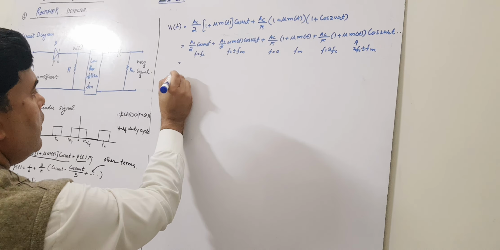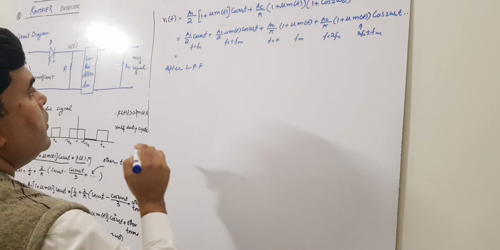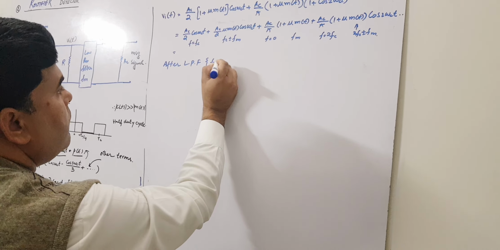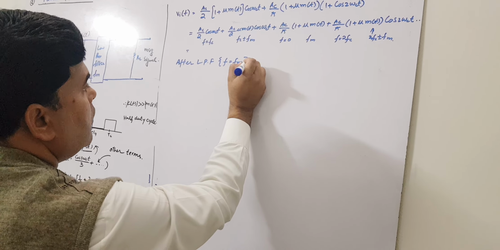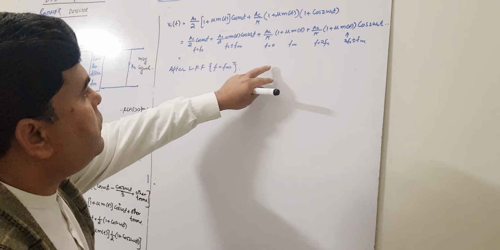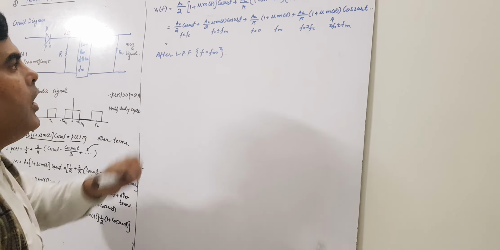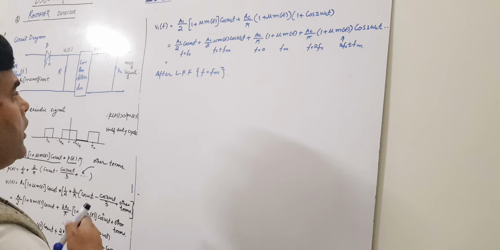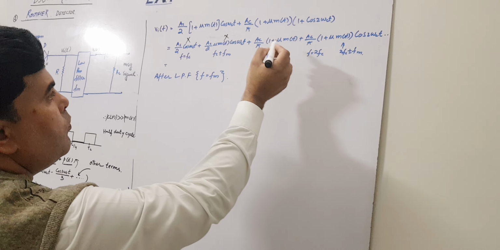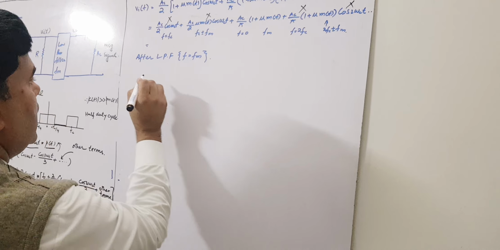After the low pass filter, which is centered at Fm, only signals whose frequency is Fm or lower can pass, and all the other signals will be stopped. This will not be allowed to pass, and neither will these other terms.